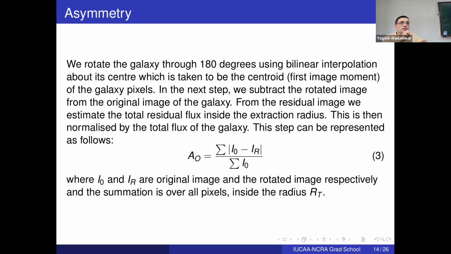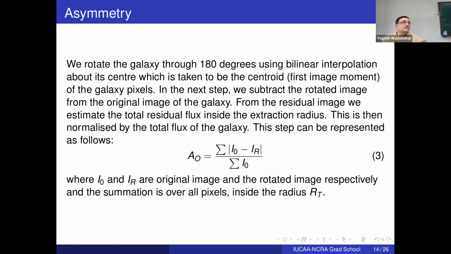So now what will be the asymmetry of a perfect elliptical galaxy? 0, right? That's correct. So the asymmetry of a perfect elliptical galaxy is going to be 0. And a spiral obviously does not have 180 degrees rotation symmetry, so it will show a high flux value.